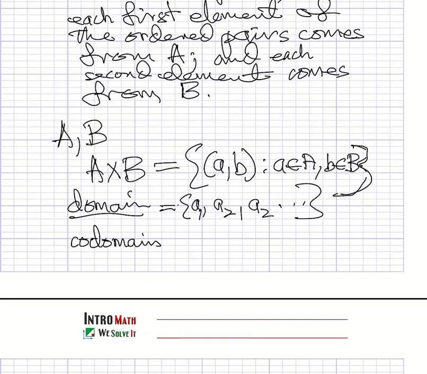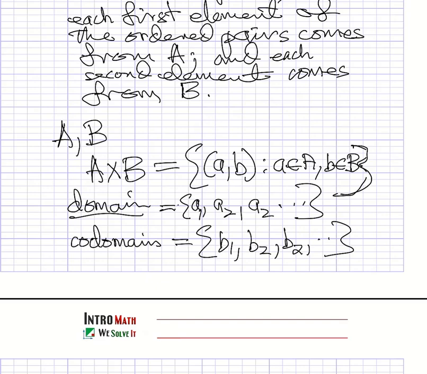And you take all the second elements, B1, B2, B3. That's the codomain, okay?